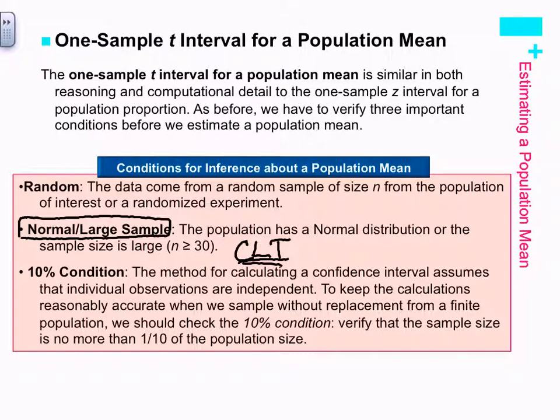So the idea is that if it's a large enough sample, your population will be approximately normal. So you don't have to check your large counts condition necessarily. So you don't need 10 successes, 10 failures. You just need a sample of over 30. And then randomization and the 10% condition also have to be met.